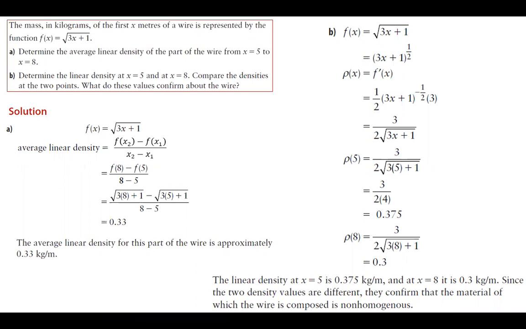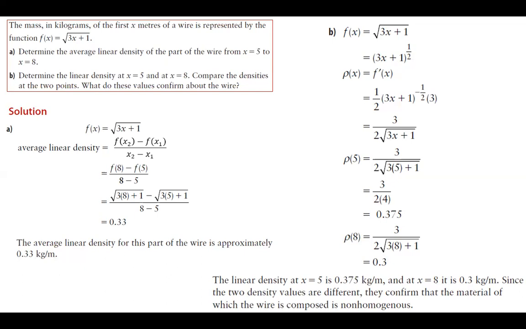Therefore, the linear density at x equals 5 is 0.375 kilograms per meter, and at x equals 8, it is 0.3 kilograms per meter. Since the two density values are different, they confirm that the material of which the wire is composed is non-homogeneous. Any questions?